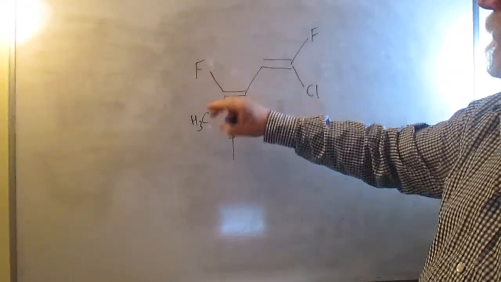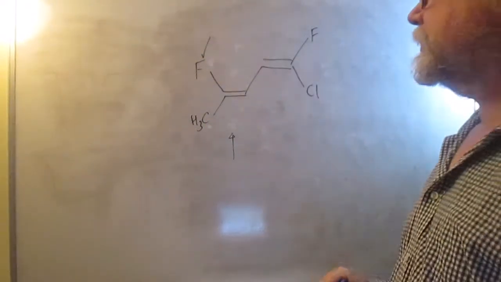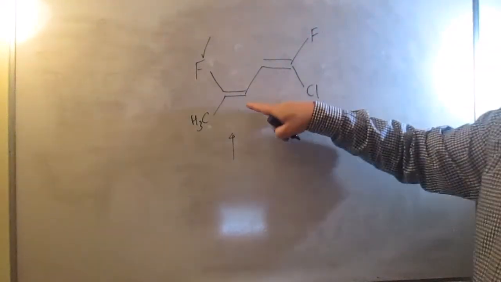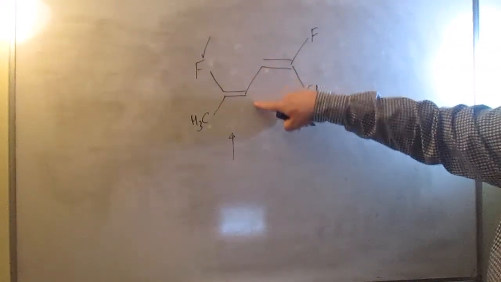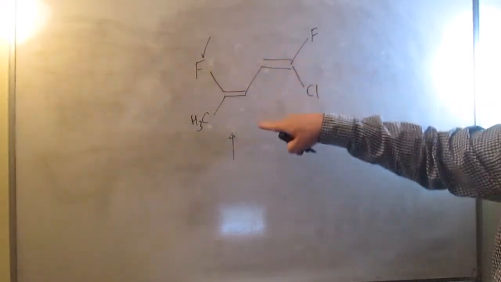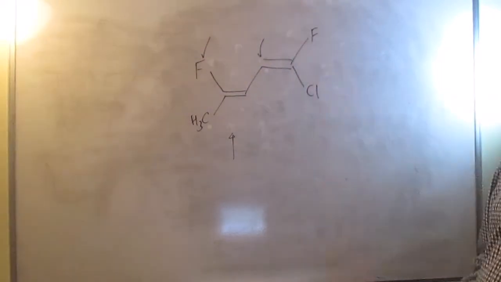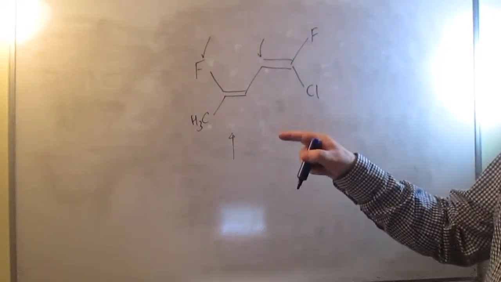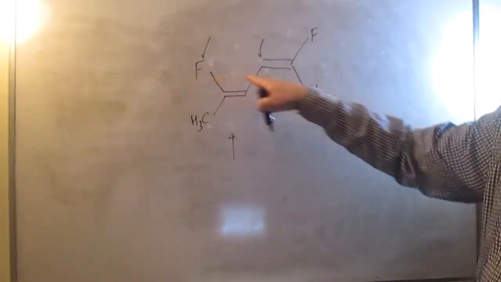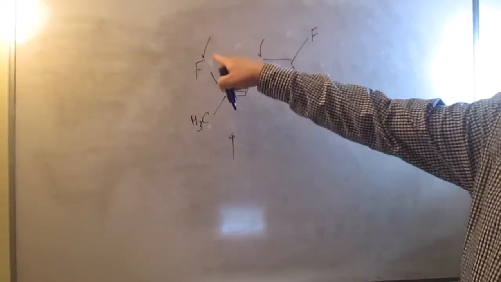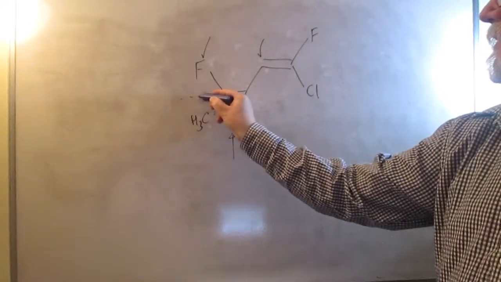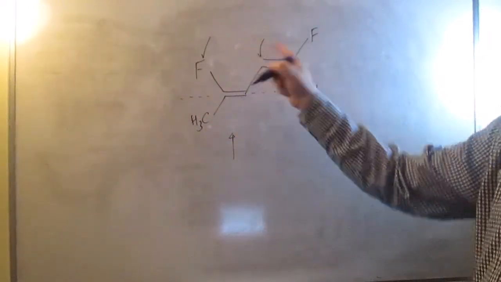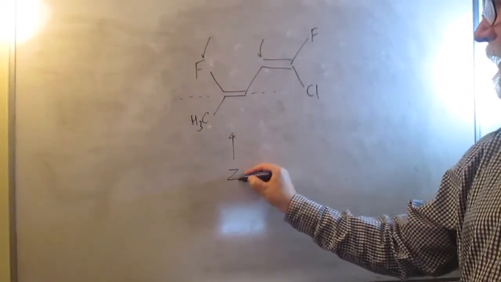So fluorine trumps carbon, so that's the priority group at the left-hand end. At the other end you've got carbon here and hydrogen here, so atomic number 6 and 1, so this one is the dominant one, the priority one on that side.